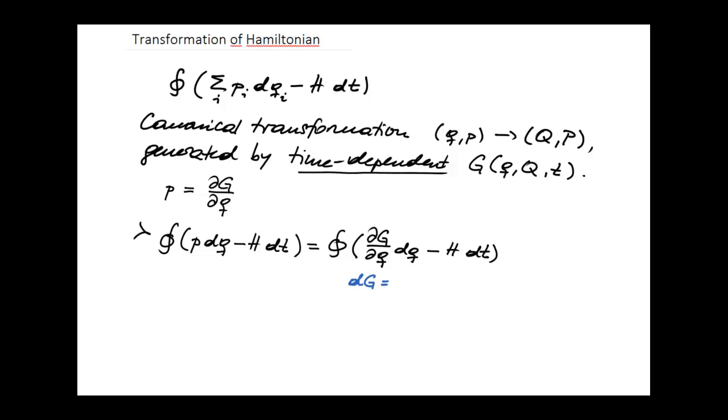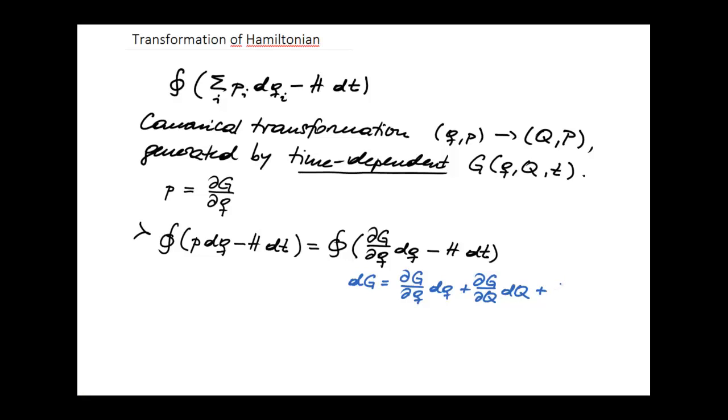Now the total differential of the generating function, if it is time dependent, has the form that we have seen before: partial derivative with respect to little q dq plus partial with respect to capital Q dQ. But now it gets an extra contribution that comes from variation of time.